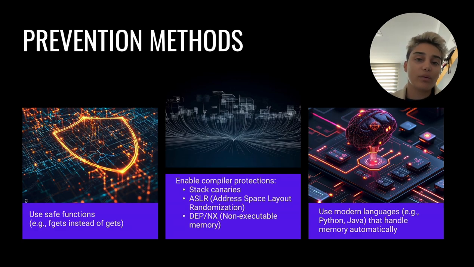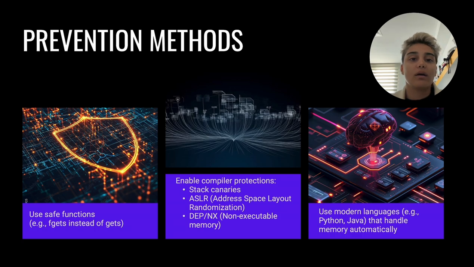So to prevent buffer overflow, the first step is to use safer functions like the fgets function instead of gets, because they limit how much data is read. Also, modern compilers add protections like stack canaries, which detect if memory has been overwritten before executing dangerous operations.